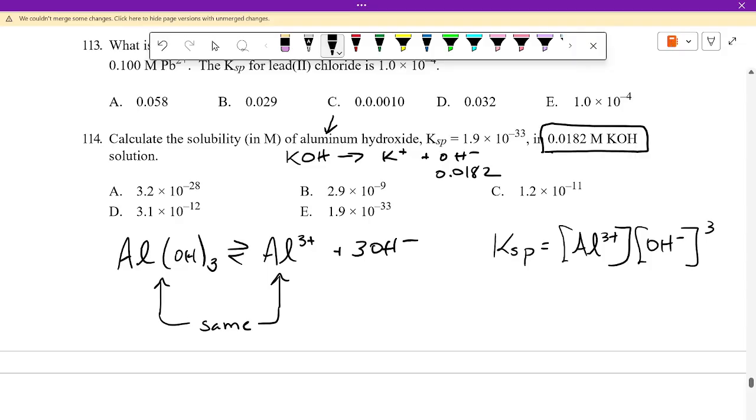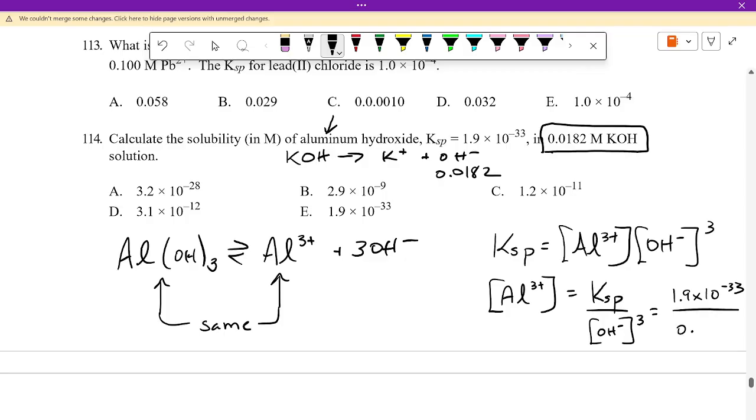And the concentration of aluminum hydroxide is the solubility. Yes? So I'm just going to solve for aluminum. So that's Ksp over hydroxide cubed, which is 1.9 times 10 to the negative 33 divided by 0.0182 cubed.